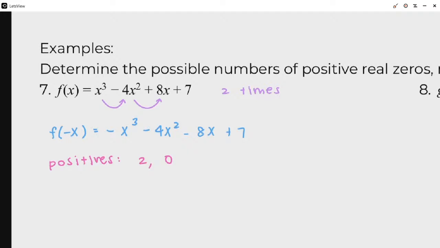So it's going to be the same number of times that it changes, or less than that, but an even number. So I just subtract 2 each time. And then we don't write any negative numbers. Okay, then for the negative one, we go from negative, negative, negative to positive. So it changes from negative to positive here. So that means for the negatives, we have 1.